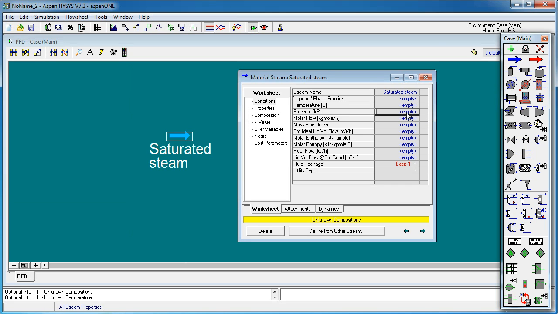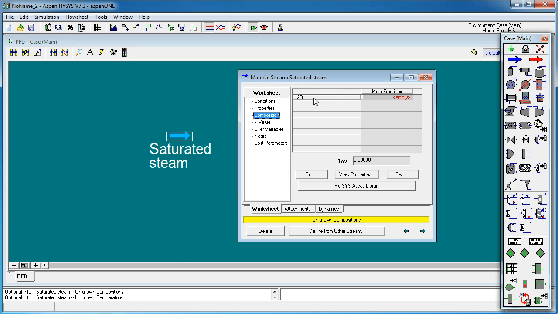Stream pressure 2,800 kilopascals, and the vapor phase fraction is 1. So it's 100% vapor is what that means. And our mass flow is 72,000 kilograms per hour, which corresponds to 20 kilograms per second.